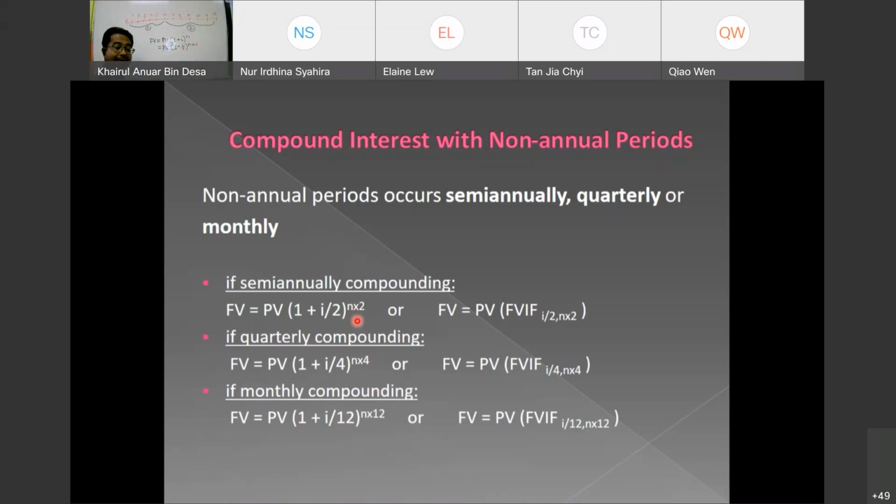How about quarterly, or every quarter? It means 4 times in a year, so every 3 months. Setiap 3 bulan sekali, akan ada 4 kali dalam setahun.